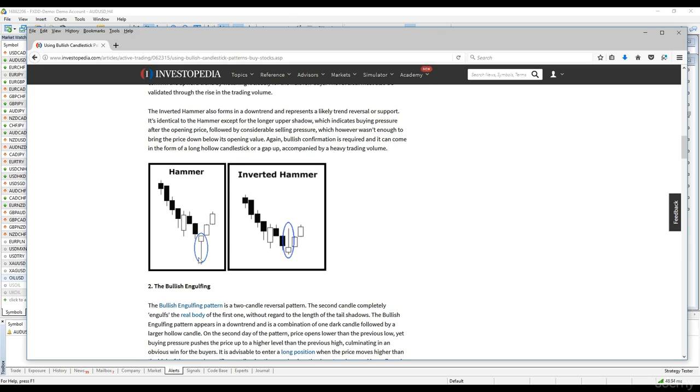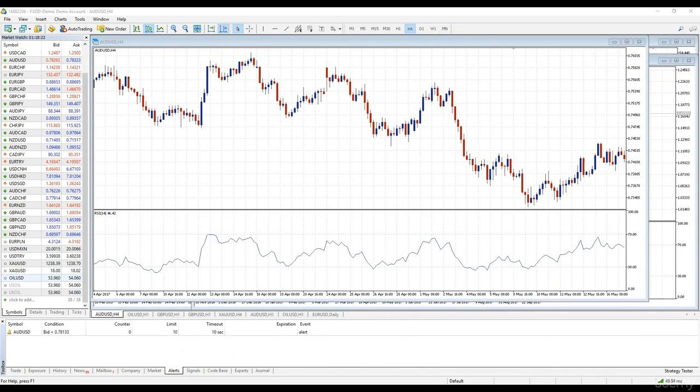I mean bullish in the sense where the candle body is white, so it's a bullish candle. But even where we see black hammers, they could still give us a clue that we might see some sort of reversal. This here could be looked at as a hammer. We are looking at this on a 4-hour.